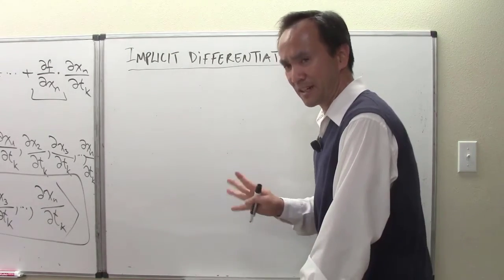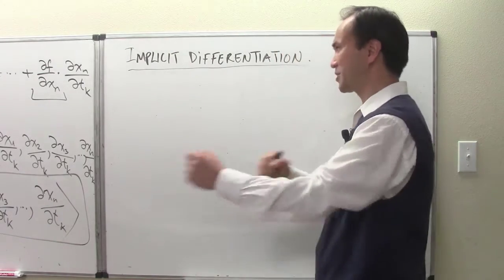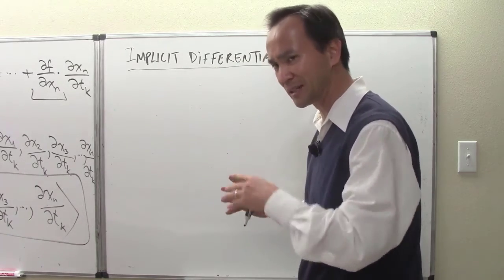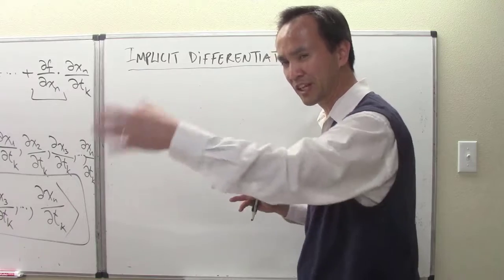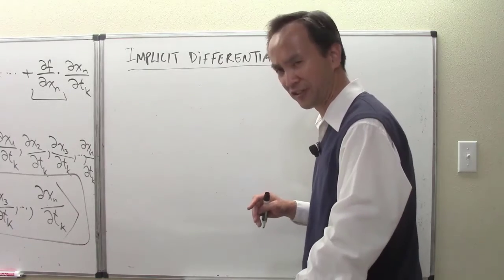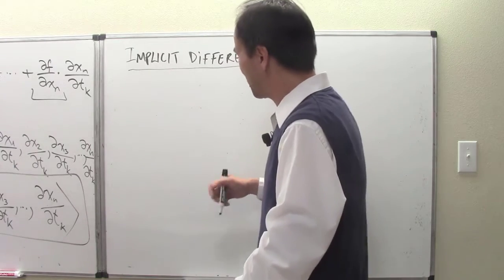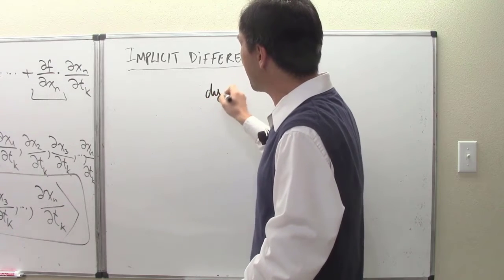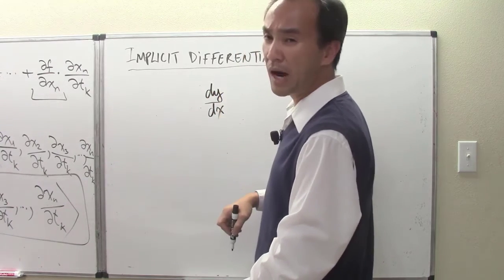Let me bring up the idea as follows. If you recall from your Calc 1, the days that you first learned about taking the derivative of single variable functions, a lot of times we were able to find just straight old dy/dx.